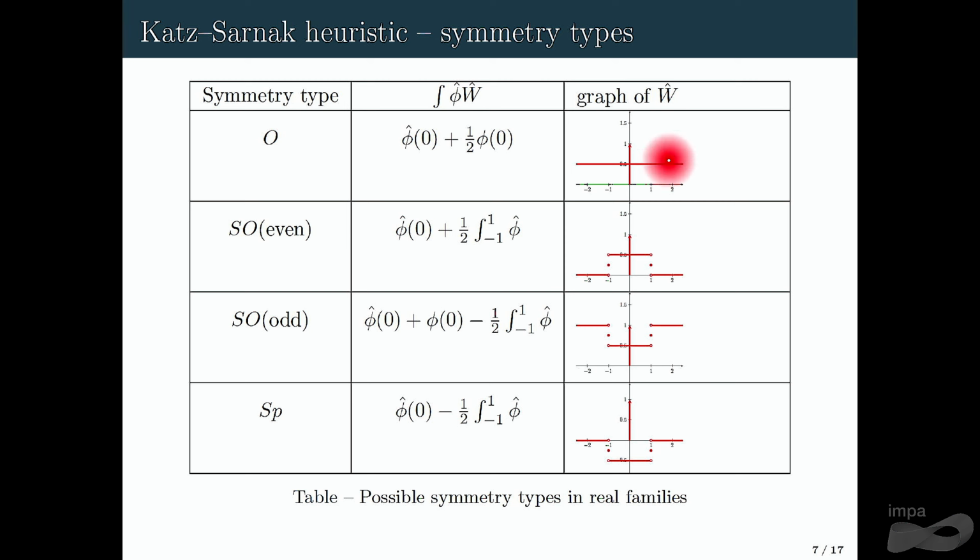And I just put this slide to show that in those three types of symmetry type, there is something funny happening at 1 or -1 in the W hat graph. So there is this discontinuity that usually makes it hard to prove something around 1.